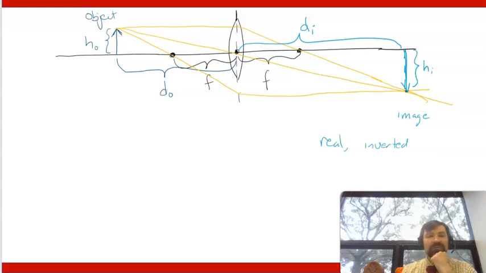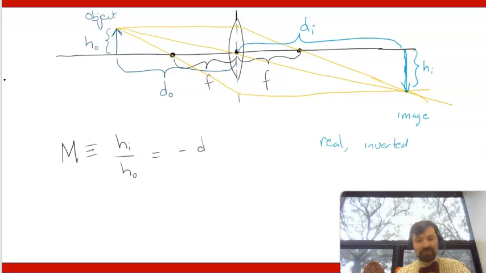And so I can get the magnification if I wanted to by comparing those. The lateral magnification is defined as the height of the image over the height of the object. And that in turn is negative of the distance to the image over the distance to the object.